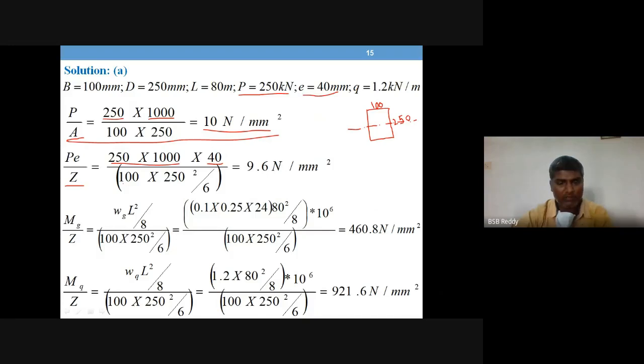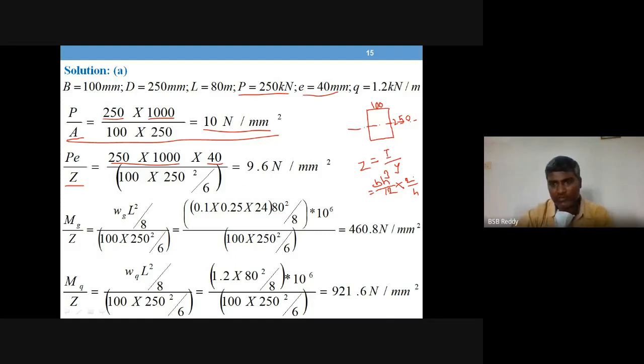Z value, Z is equal to I by y. For a rectangle, I is equal to bh cube by 12, and y is equal to h by 2, so it is divided by h by 2.